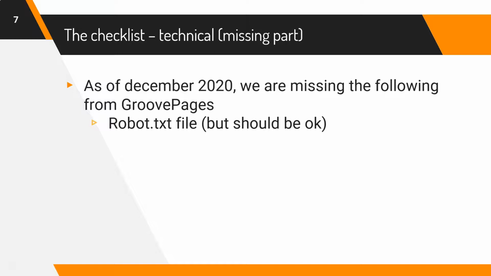You could have a workaround for this if you're not hosting your web page in Groove Pages or GrooveFunnels. For example, if you extract the page from Groove Pages and upload it on your own website by FTP, then you can add a robots.txt file. But for now, we don't have an on/off option for this in Groove Pages.